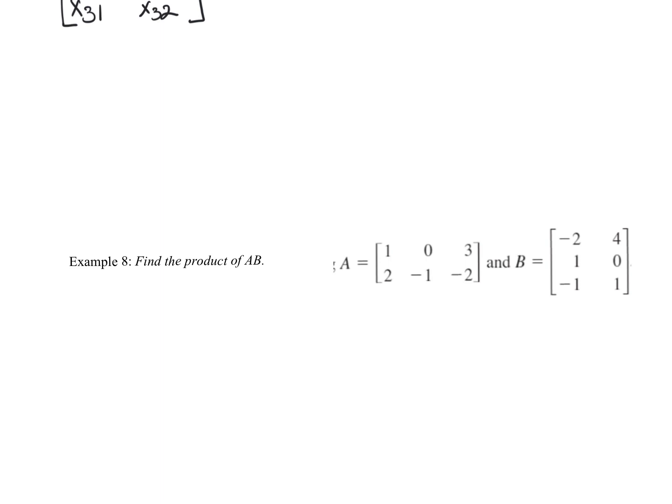So if I want to find this entry right here, I take row 1, column 1, and I'm going to get -1 times -3, this -1 right here times this -3 right here, plus this 3 right here times -4 over here, which is going to get me 3 plus -12, which results in a -9. So my first entry over here is going to be a -9.